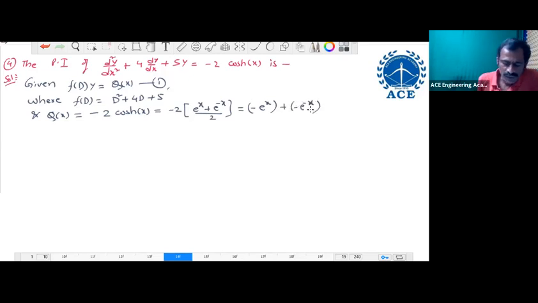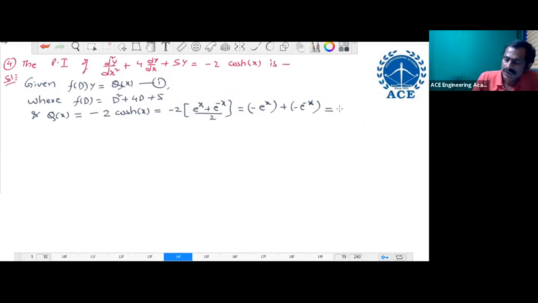If you observe the first 3 problems, the non-homogeneous part function was a single function. But here, after writing the cos hyperbolic in terms of exponential, it is a sum of two exponential functions. Already we know the method of finding the particular integral for a single exponential. Now it is a sum of two exponentials. Whenever it is a sum of two or three or more functions, we should write the particular integral for each function separately, and then we add all the particular integrals.